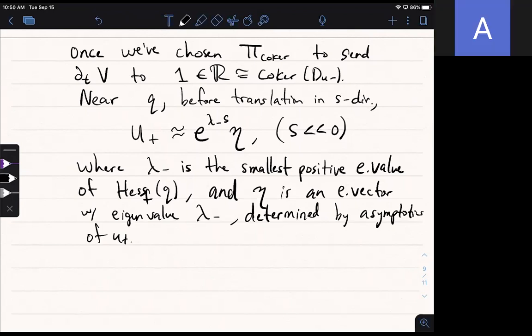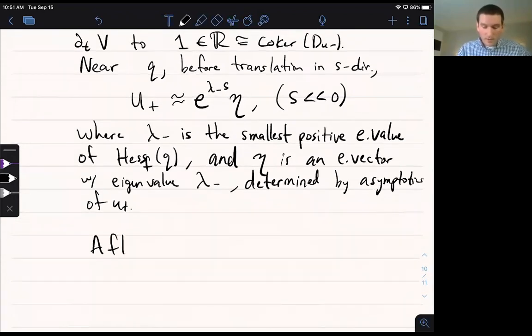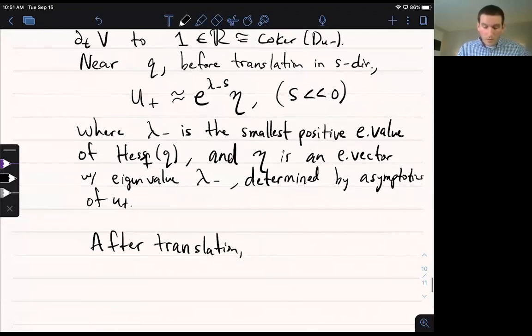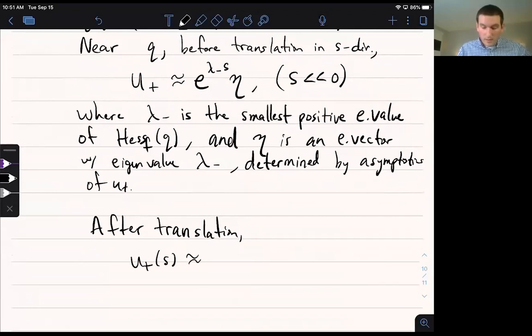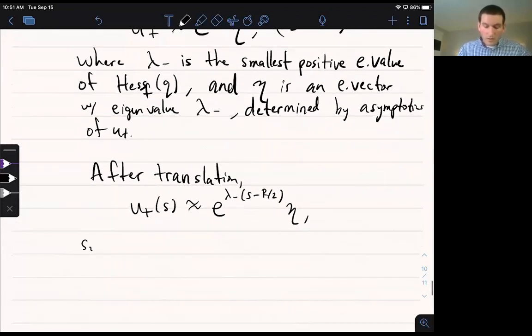Okay, so this is before translating. After translating in the s direction, u plus of s is approximately e to the lambda minus of s minus r over 2 times eta. So when s is 0, which is what we have near q, u plus is approximately e to the negative lambda minus r over 2 times eta. And we assume that eta is non-vanishing.